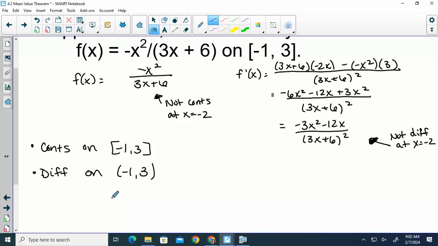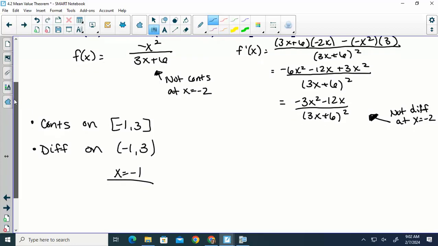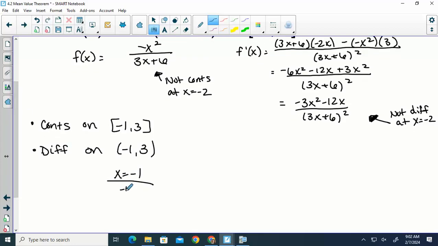So we need to find our points. If our x is -1, so if you put in a -1, the opposite of -1 squared would be -1 over -3 plus 6. So we get -1, -1/3 for one of the points.